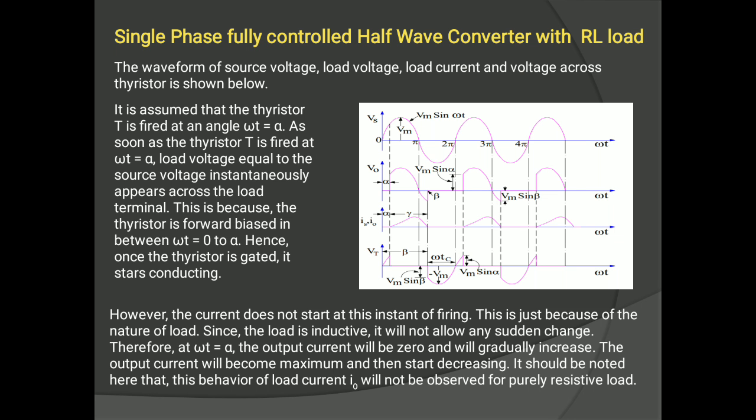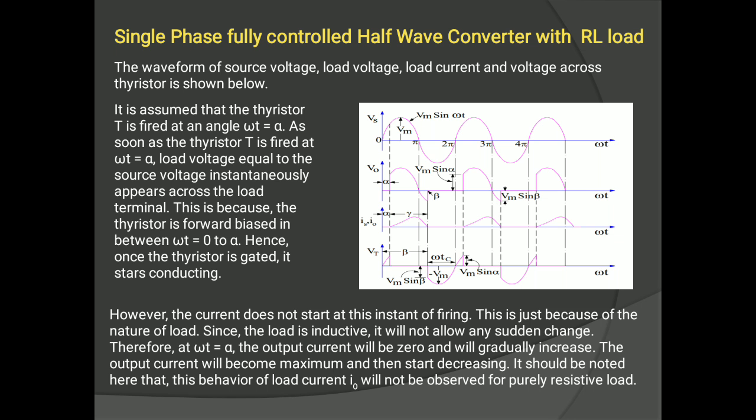But the current does not start at this instant of firing because of the nature of the load. Since the load is inductive, it will not allow any sudden change in the circuit. Therefore, at omega t equals alpha, the output current will be 0 and it will gradually increase.